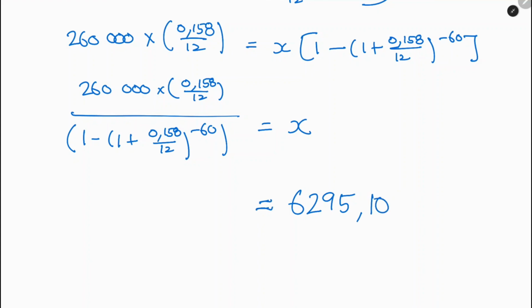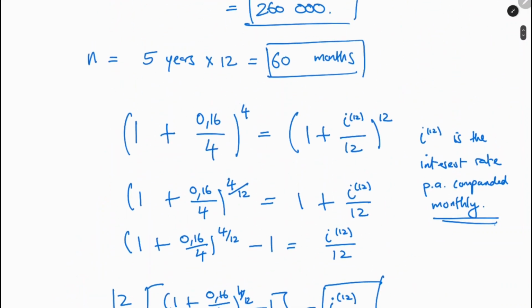And that is the monthly repayment, which is what the question was asking.